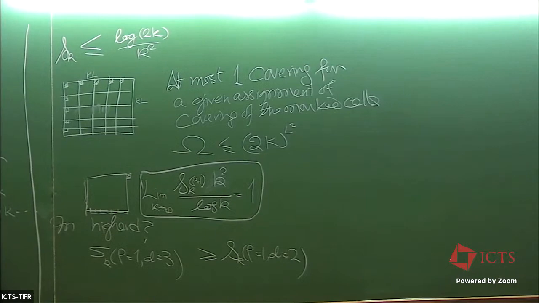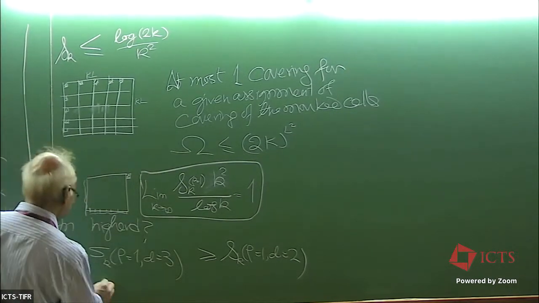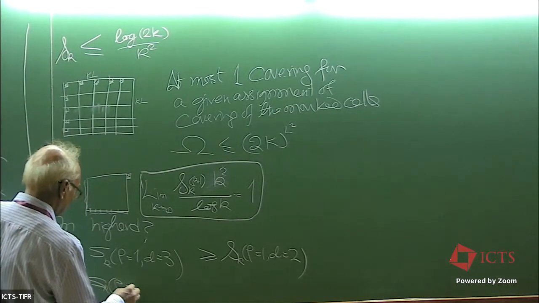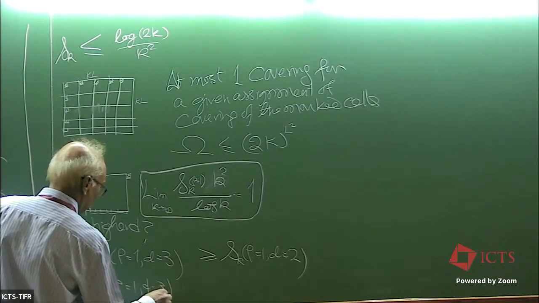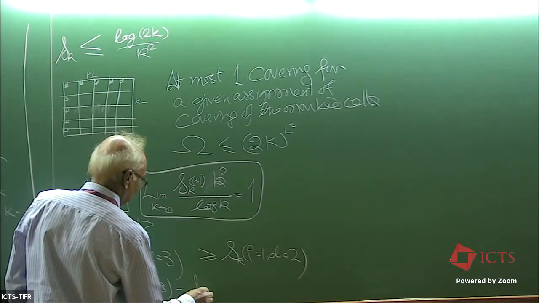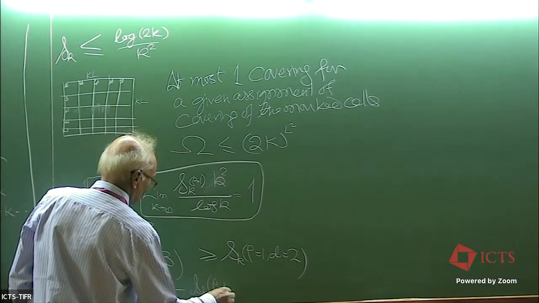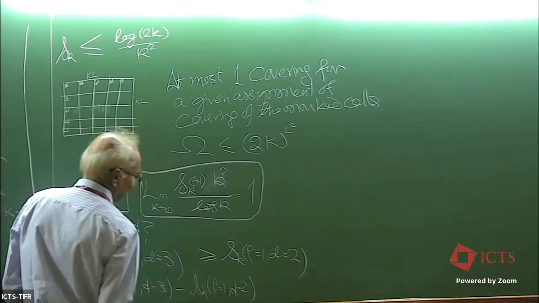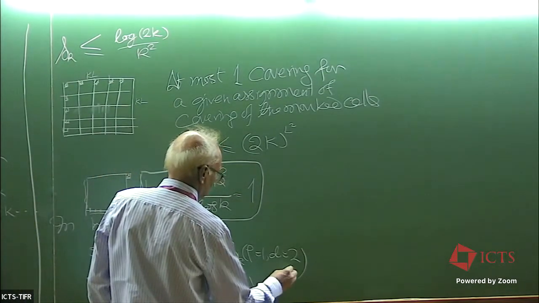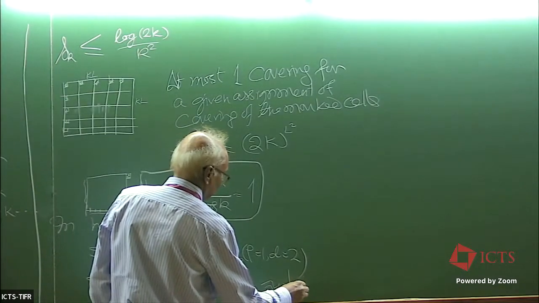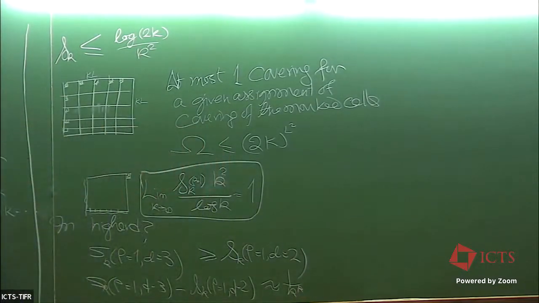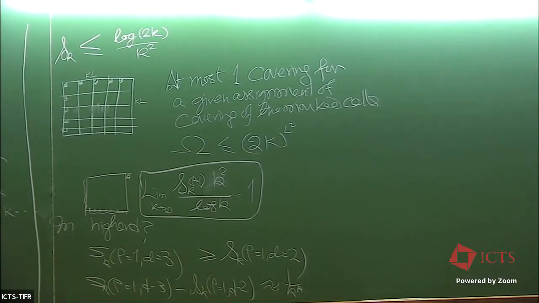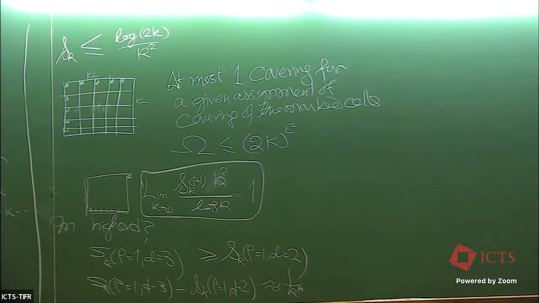So how much more do you have? Now let me determine S(k, rho equal to 1, D equal to 3) minus S(k, rho equal to 1, D equal to 2). I would like to argue that this goes like 1 upon k to the power k. So to low order or any order in k, it doesn't matter. The correction is very small. So, asymptotic results are unchanged.